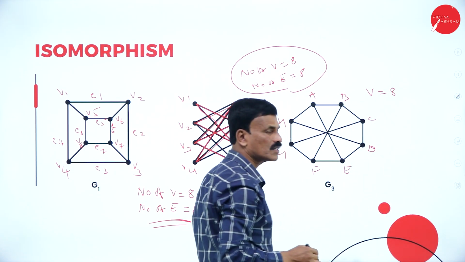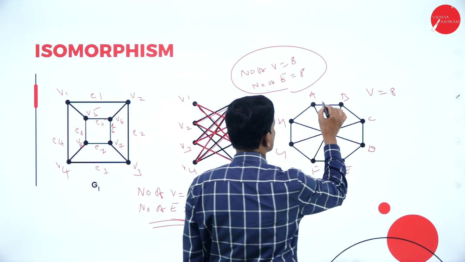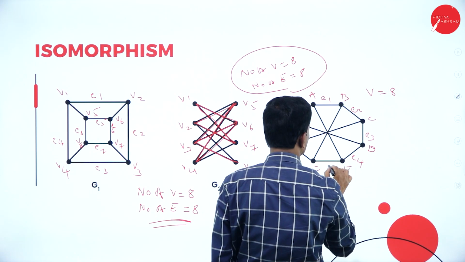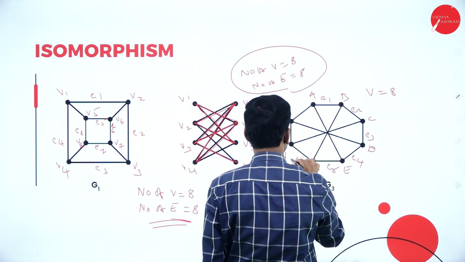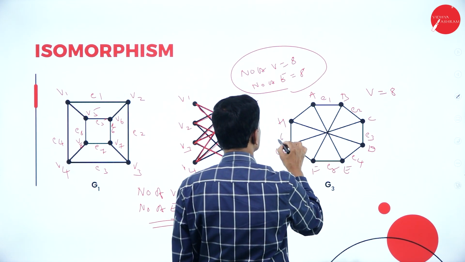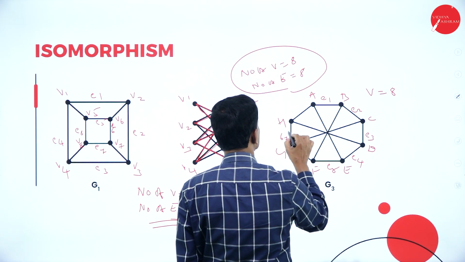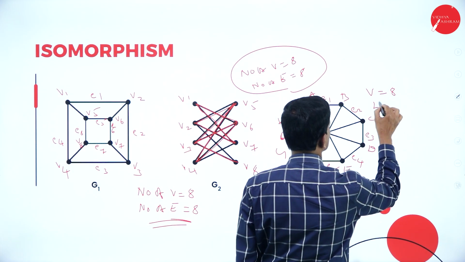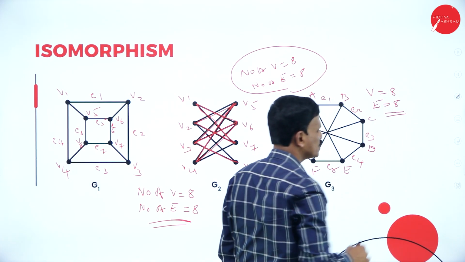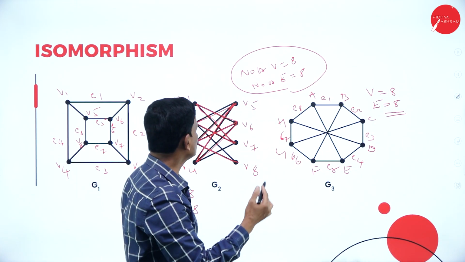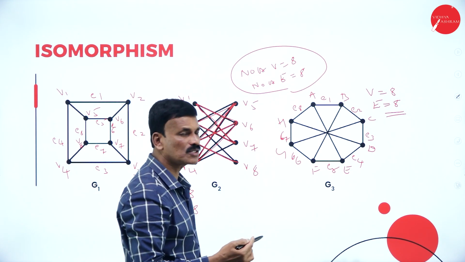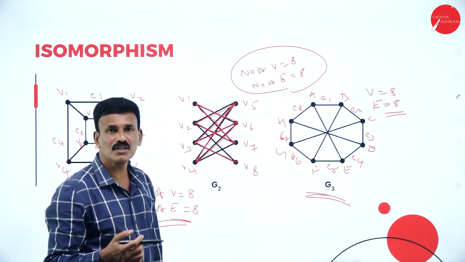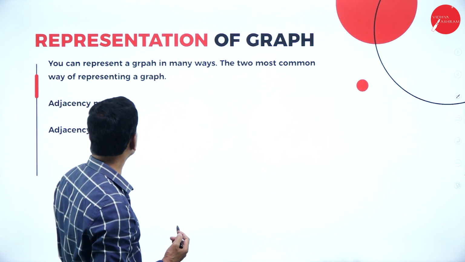The number of vertices is 8, and the edges let us represent as E1, E2, E3, E4, E5, E6, E7 and E8. So the number of edges is also equal to 8. The number of vertices is equal to the number of edges. Therefore, this is also an example of an isomorphic graph. That's it. Hope you got an idea regarding isomorphism. Now, let us come to the next one.